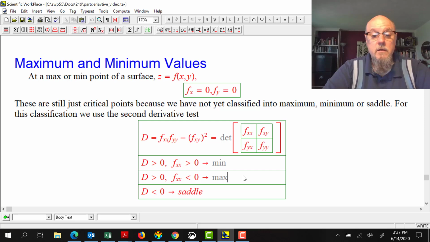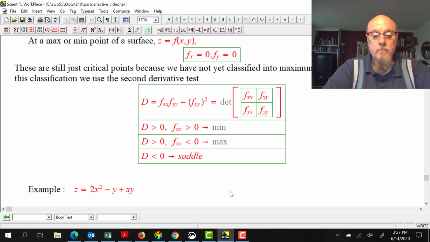Yes, you can. It's just traditionally we use f sub xx. But f sub yy being positive, f sub yy being negative makes it a min or a max respectively. So a question that says find and classify the critical points: find, set all the partials equal to 0; classify, use this D value here. Let's do an example.